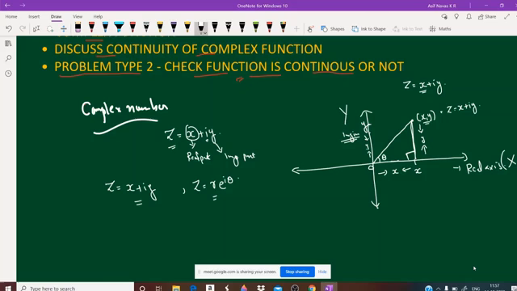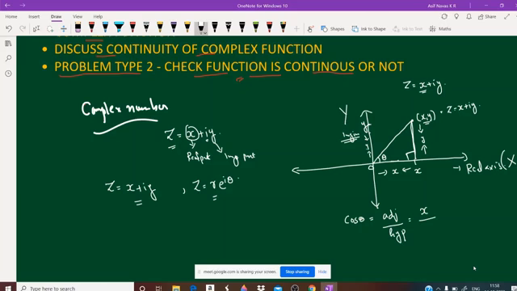If this is a right triangle, then what is cos theta? Cos theta is equal to adjacent side by hypotenuse. The adjacent length is x, divided by the hypotenuse. What is the hypotenuse?